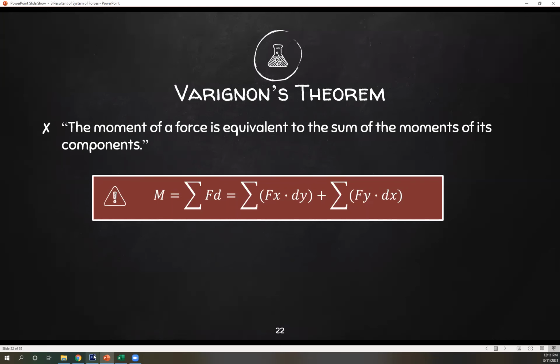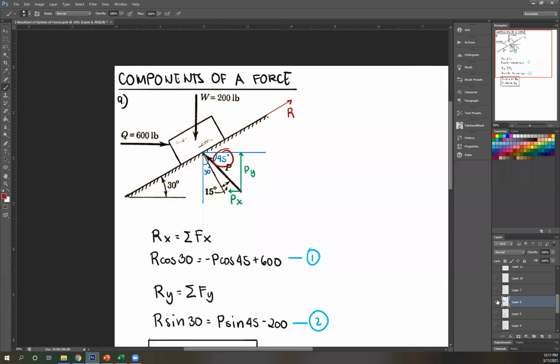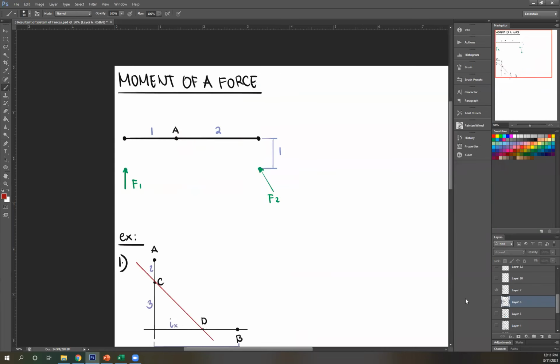So let's talk about this equation. Let's say we have a figure like this. We have a stick or any horizontal structure. We have a force 1 here, a force 2 here.